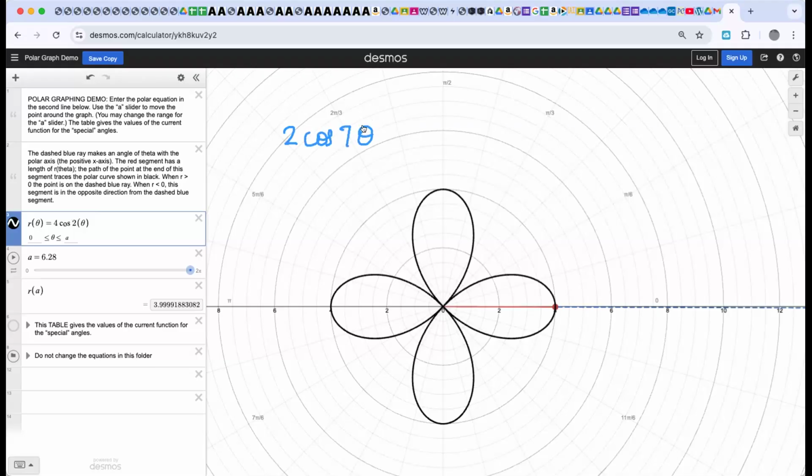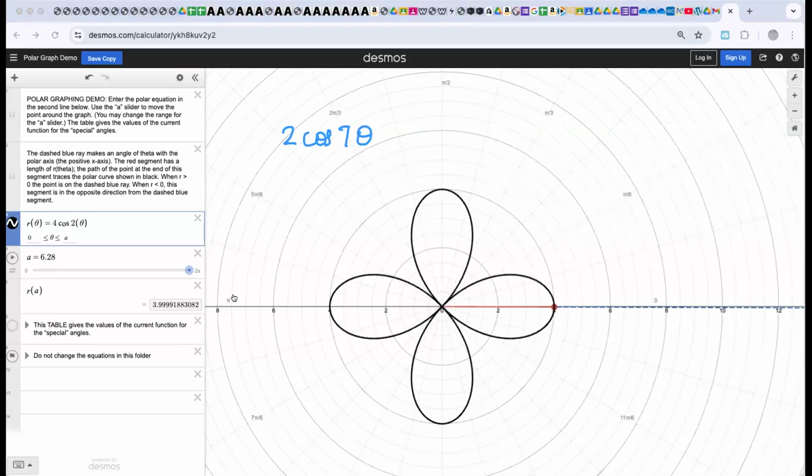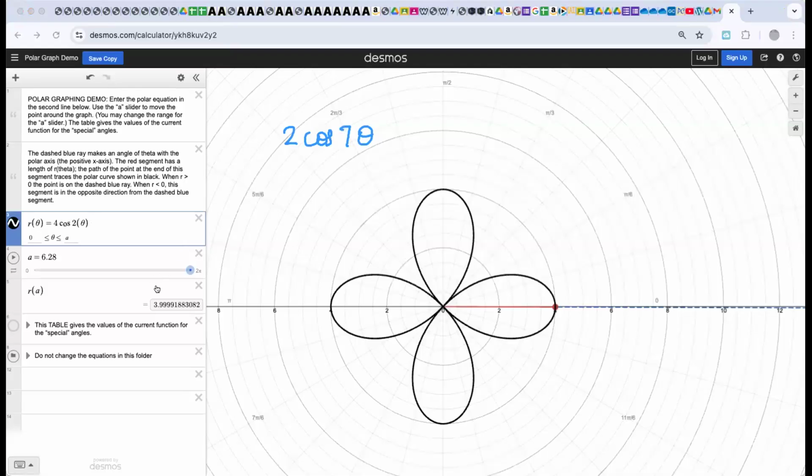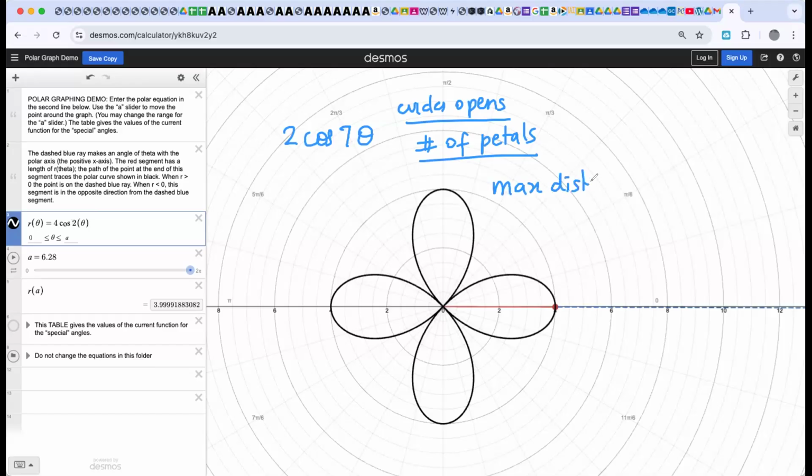With whatever knowledge we gain right now, I would like you to tell me 4 things: whether the circle opens up, down, right, or left; the number of petals; then the maximum distance from pole; and the cycle. What is it?